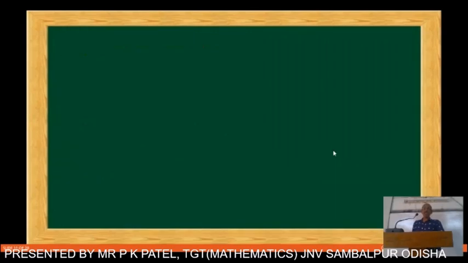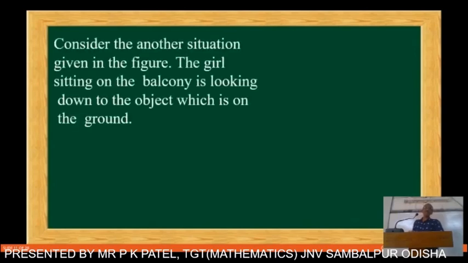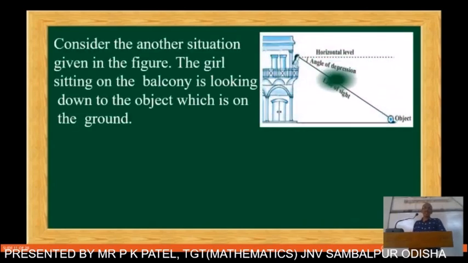So this is all about some terms for solving problems related to height and distance. Consider another situation here: the girl sitting on the balcony is looking down at an object which is on the ground.